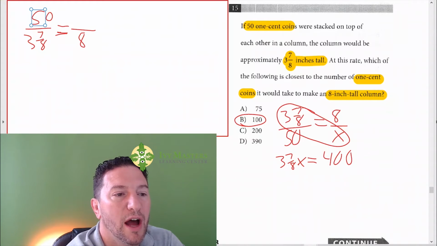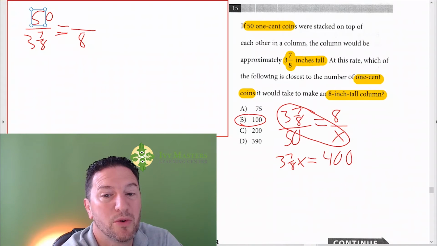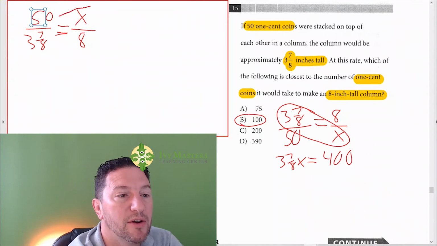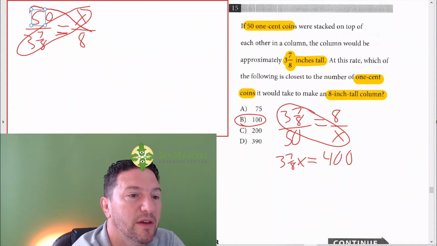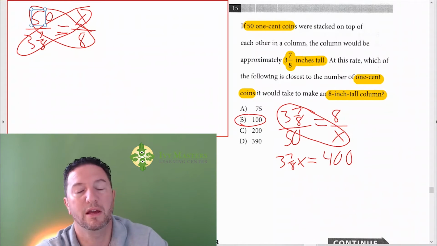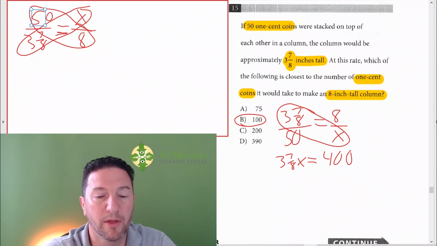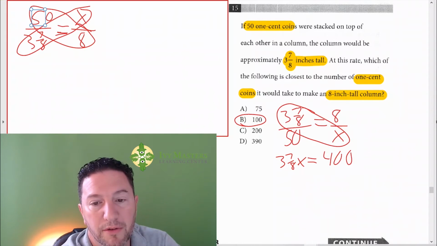Now I have a relationship top to bottom, because 50 1-cent coins is 3 7/8 inches tall, and the bottoms have a relationship because 3 7/8 is inches, just like 8 is inches. And when I put my x there, notice it winds up being 3 7/8 x equals 50 times 8, so 3 7/8 x equals 400. Once again, divide by 3 7/8, you get that 103, closest to 100.